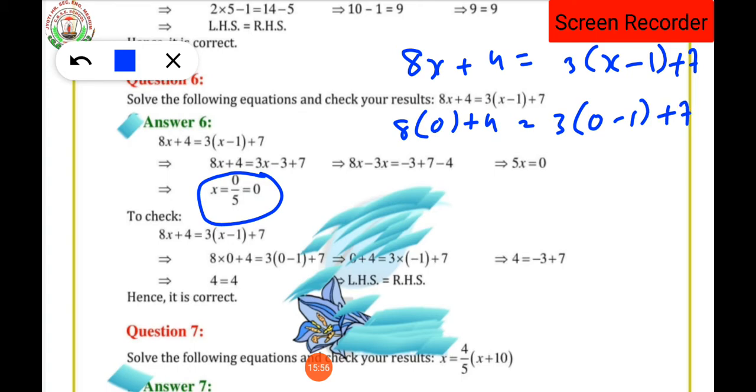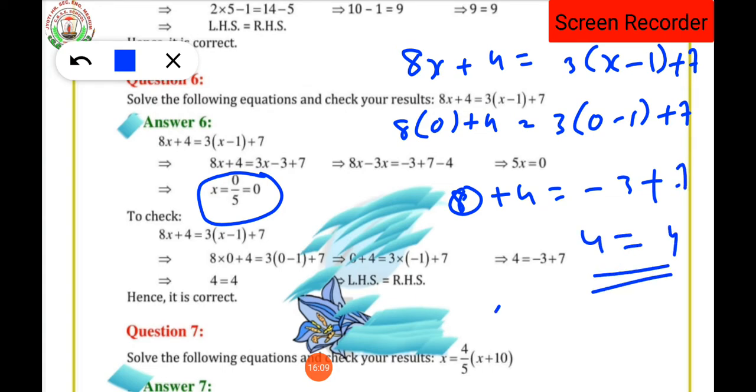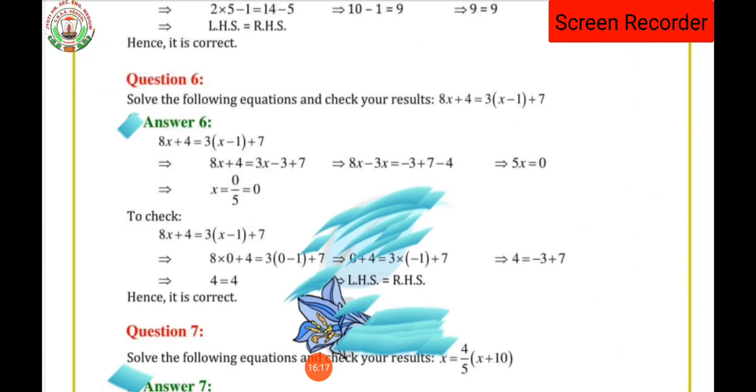We have to solve this equation. So here 8 into 0 will be 0 plus 4 is equal to, here it will become minus 3 plus 7. So 4 is equal to 4, which is the required answer, where LHS is equal to RHS. Clear everyone? So in this way we have to solve the equation, we will get the required answer.